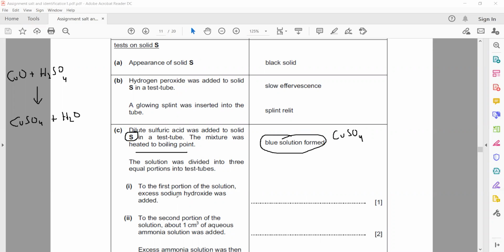To the first portion, we add excess sodium hydroxide. We have a solution which contains copper ion and sulfate ion. What is the observation if we add excess sodium hydroxide? Yeah, that's correct. Blue precipitate, which does not dissolve in excess.